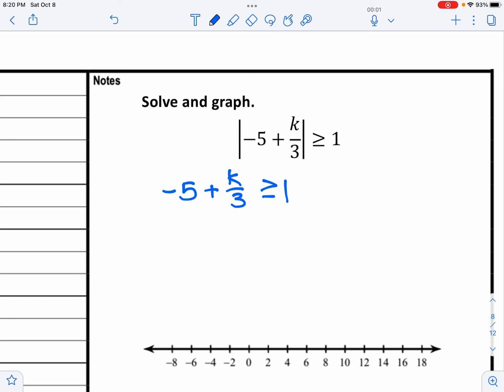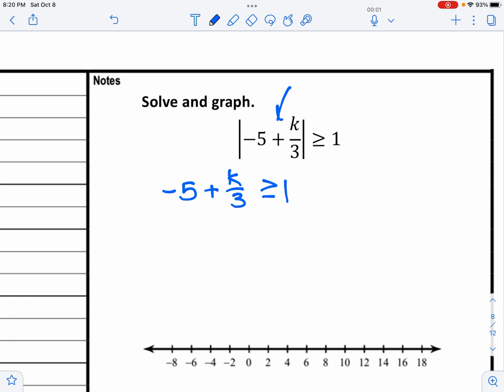As long as that is bigger than or equal to 1, we're going to be fine. But also, if this were less than or equal to negative 1, like negative 2, negative 3, negative 4, and you took the absolute value, then you'd still be bigger than 1.